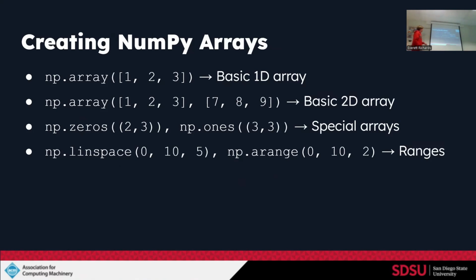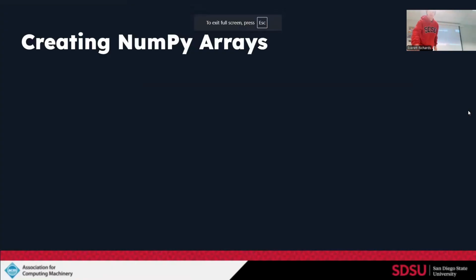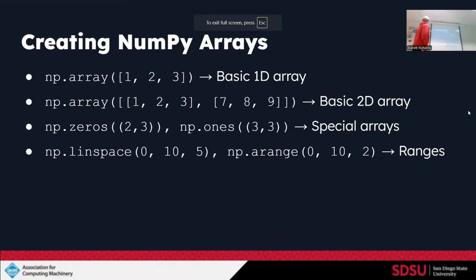And then if you want a two-dimensional array, you do the same thing, except you enter two different lists. I think I'm missing some square brackets here. There should be an extra pair of square brackets. So you pass in a list that contains two lists, each having numbers, and that lets you use it as a two-dimensional array, which is almost like a matrix.